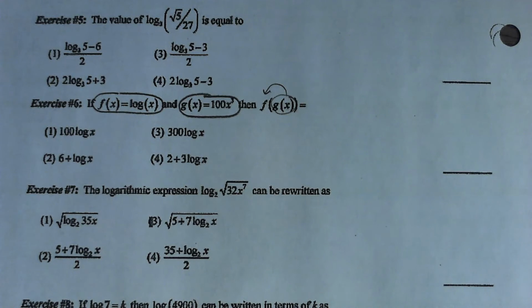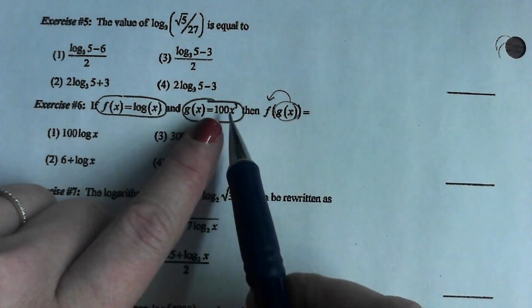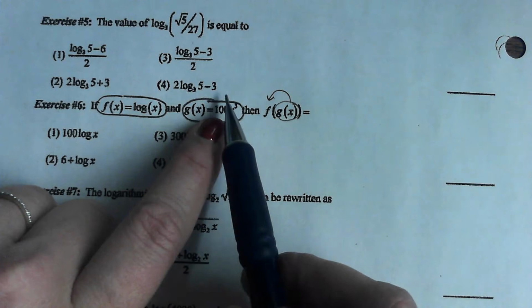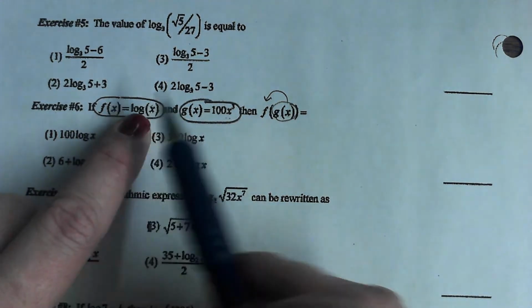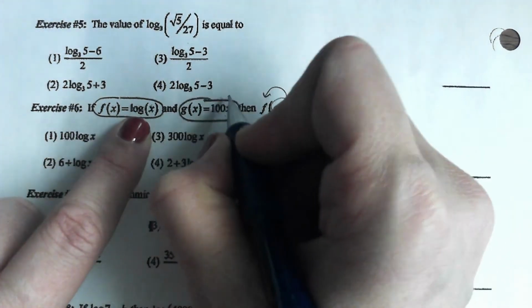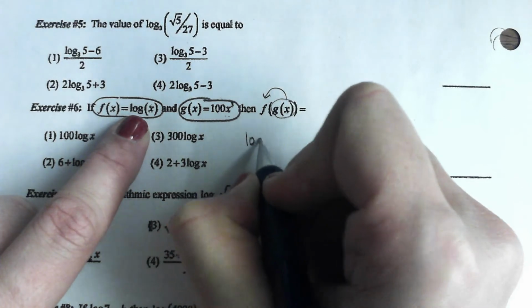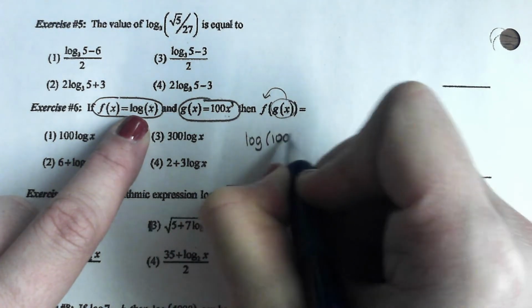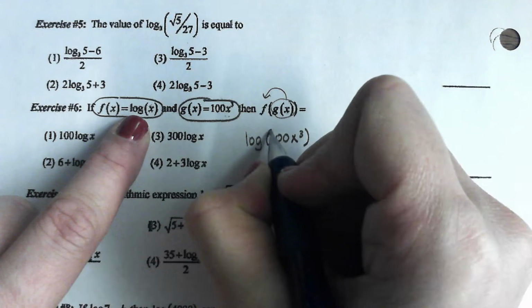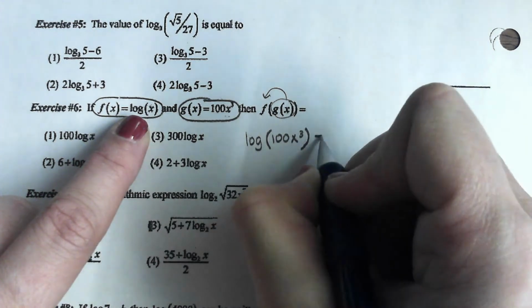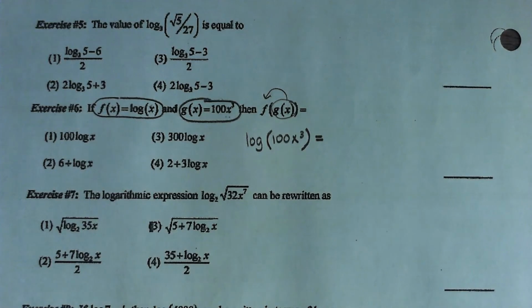Right? Remember this? So we're taking the g of x function, which is 100x cubed, plugging it into the f of x function. So that'll be log of 100x cubed. And then what property should we apply first to expand this?